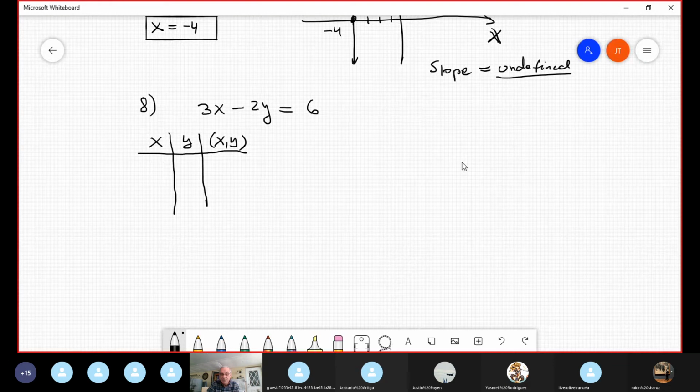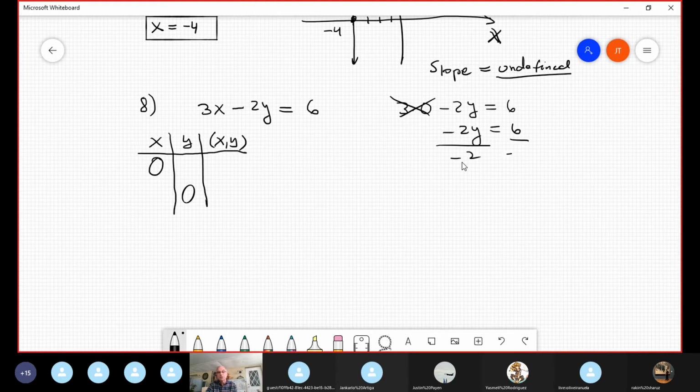In this case, the question is clear. Intercepting means 0 and x, 0 and y. Plugging in, 3 times 0 minus 2y equals 6. 0 is nothing. Minus 2y equals 6, divided by -2 on both sides, y is negative 3. The point is (0, -3).